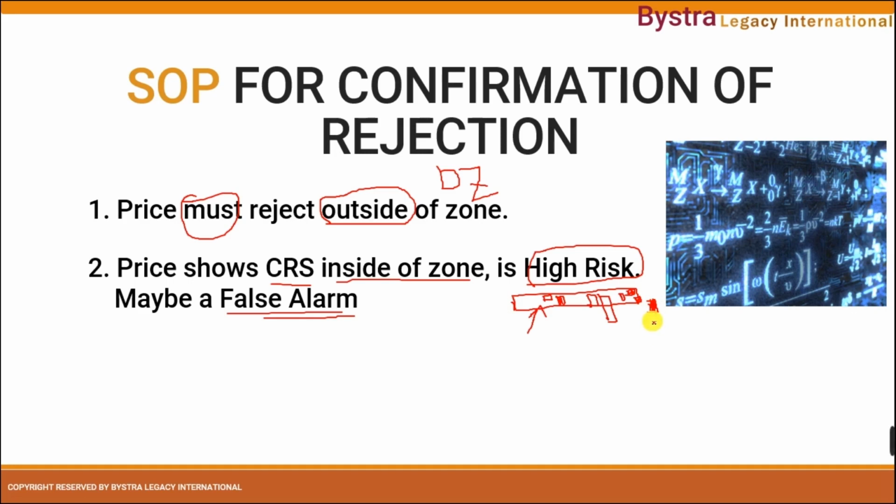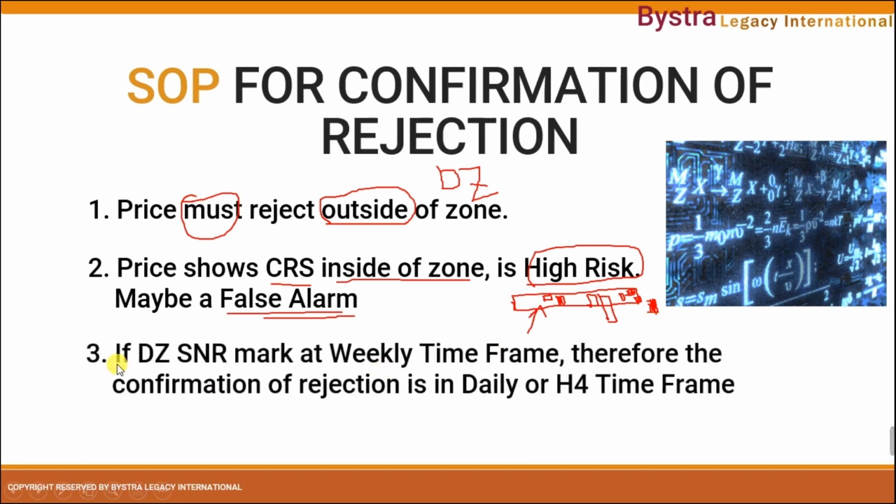So this is one of the examples. And lastly, if the danger zone SNR is marked at the weekly time frame, then the confirmation of rejection is in the daily or the H4 time frame. So remember guys, when this is marked as the weekly danger zone, then the confirmation of this area can be the daily time frame or the H4 time frame, not H1 and below guys.